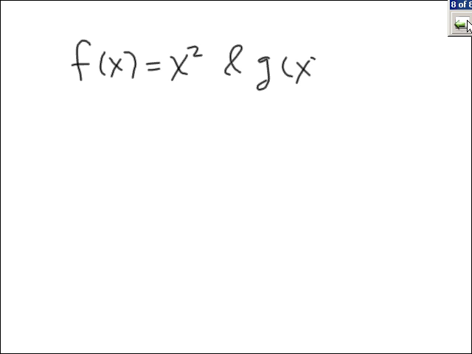Now, let's talk about how not every function has an inverse. Suppose I tell you that f of x is x squared and g of x is the square root of x.